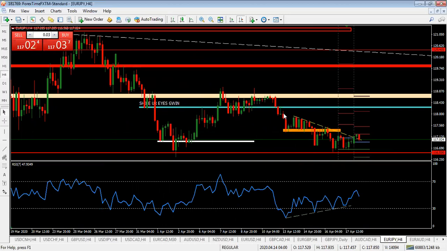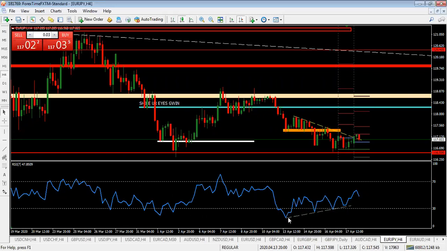But I also identified that during the course of this downtrend, the RSI was forming a low here. From here, it started forming a lower high, all right. So from there, we identified that this was not a lower high.